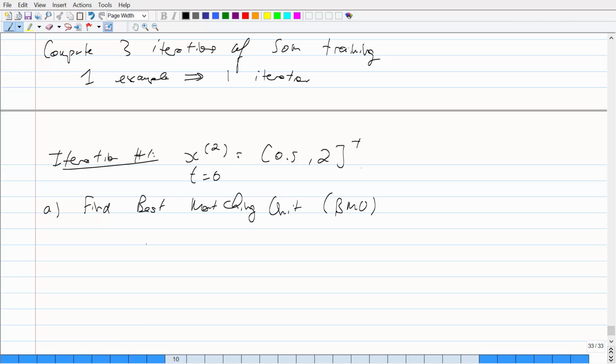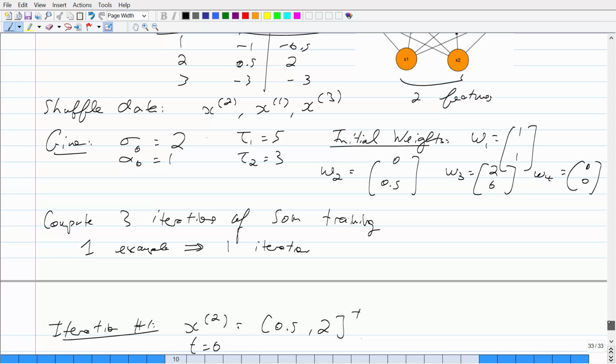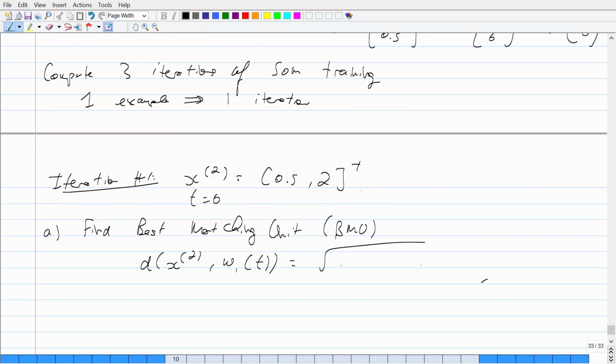So you figure out the distance between the example and each of the weights currently. I'm going to call this W1 of t because right now the weights are updating, so this is at time equal to 0. In this case, the weights are 1, 1. So you take the distance: 0.5 minus 1 squared plus 2 minus 1 squared.